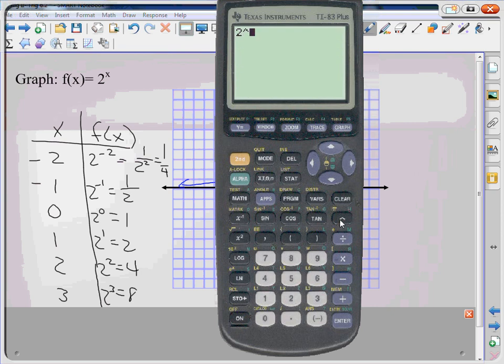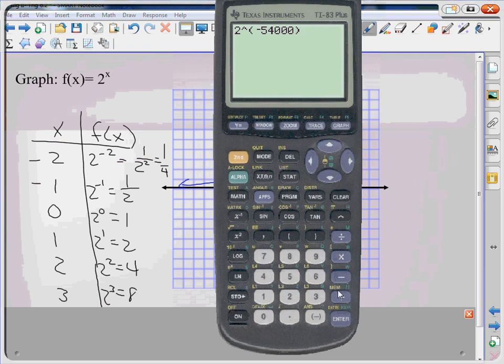2 to the, give me a really, really big negative number. -54,000. It says 0, but there's a reason why on my calculator.